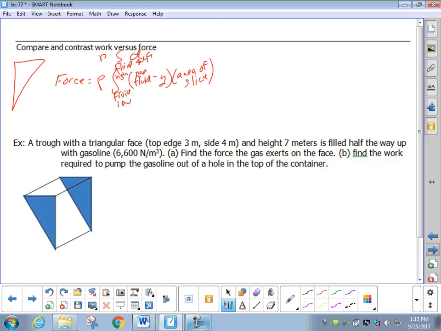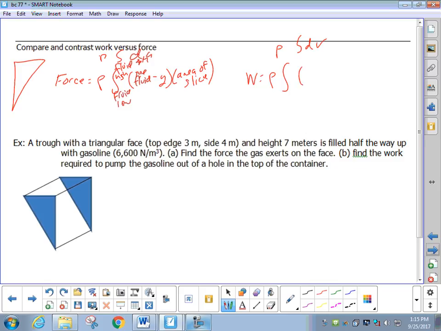Now, if you compare that to work, work is rho dV or PdV, which I don't know what that stands for. Never mind. The D stands, though, for not depth, but distance.